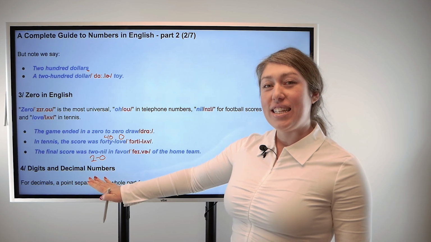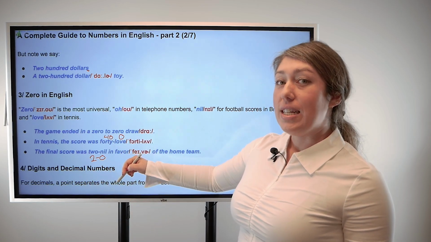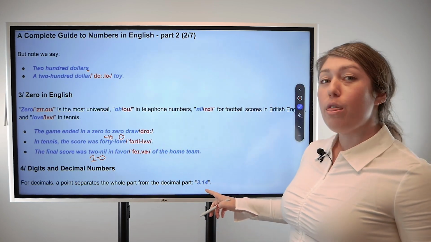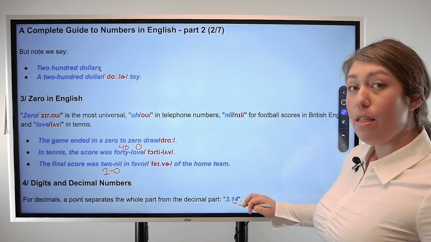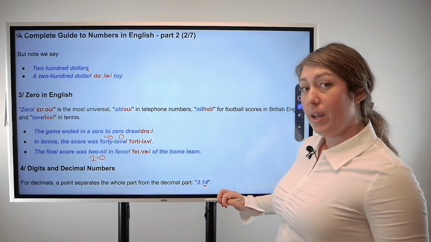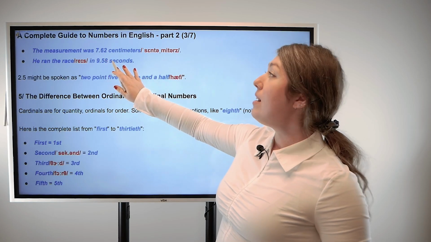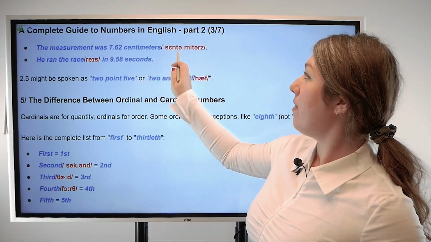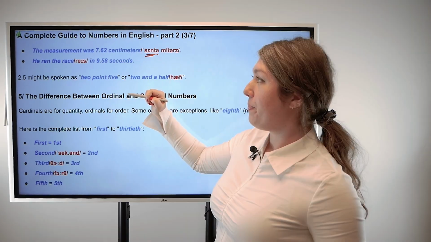Now let's look at digits and decimal numbers. For decimals, we use a point to separate the whole number from the decimal part. For example, 3.14. 3 is the whole number, and this is the part that we separate using the point. Here are some more examples of using the decimal. The measurement was 7.62 centimeters. Put the emphasis here on the first syllable, centimeters.